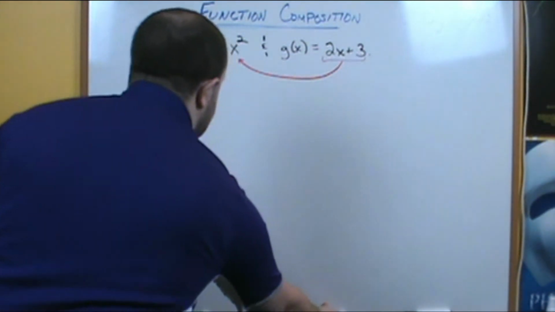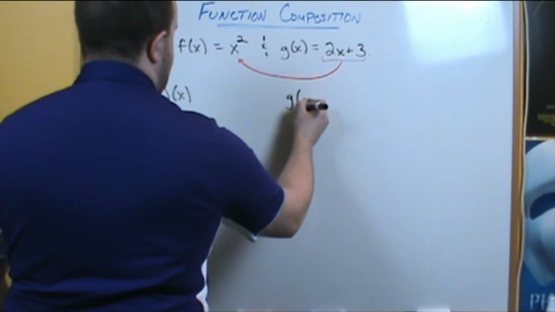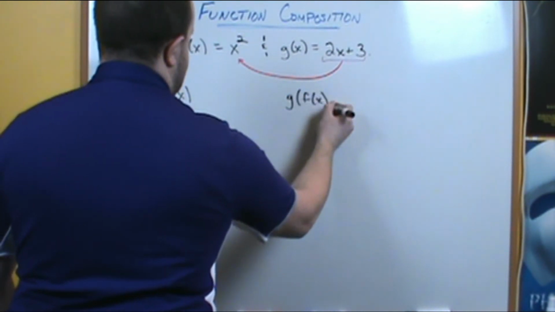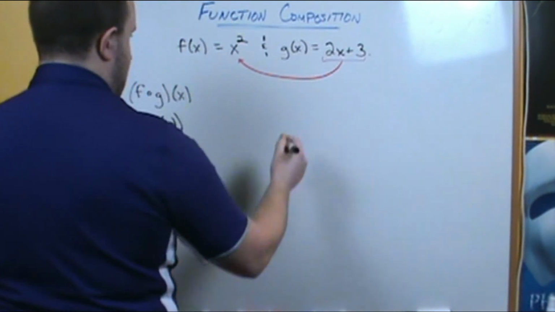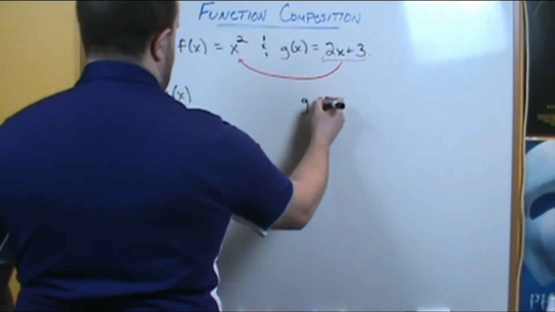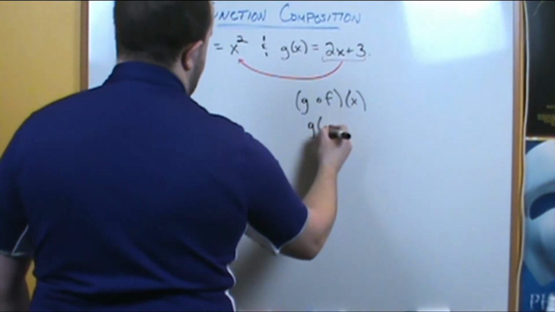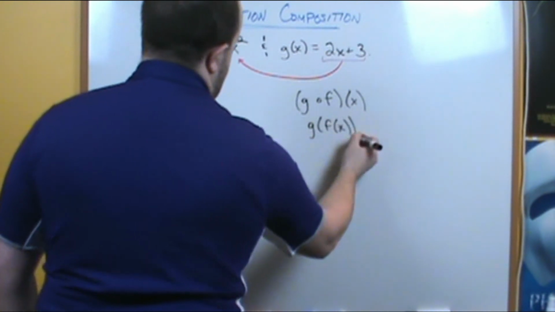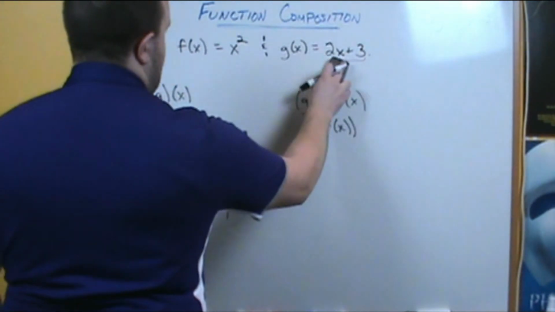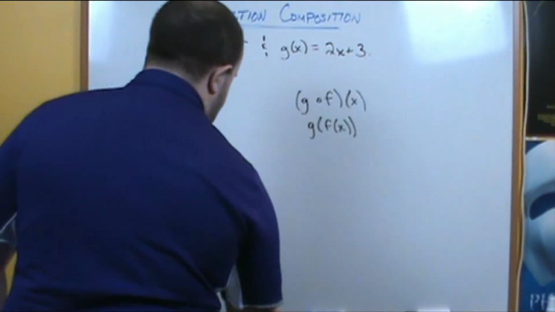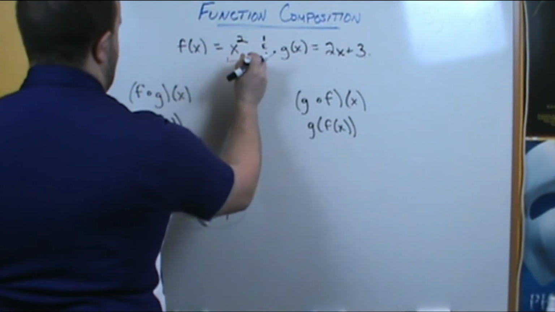Now if we look at it a little differently, the function g evaluated at f of x is really the same thing as g of f of x. That's the function g evaluated at f of x. In this case, wherever we see an x in g of x, we're going to replace it with x squared.